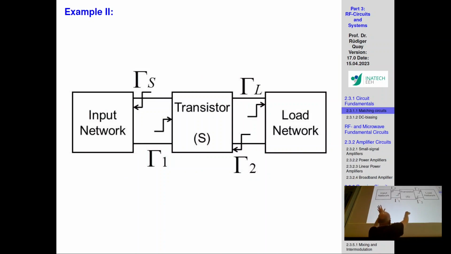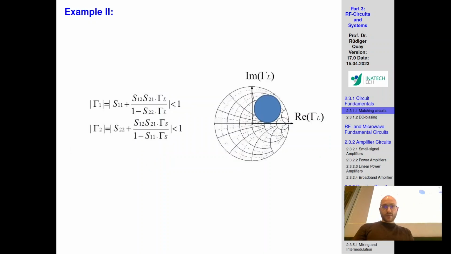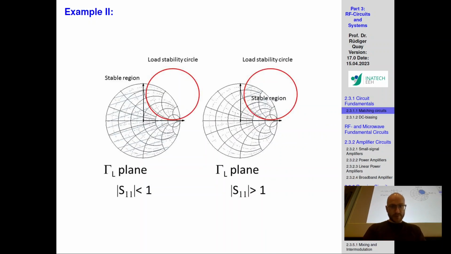So you're trying to have the input source driving your device, the input matching, and the output load matching within these stability circles where your device will be stable. These stability circles can be calculated as can be seen in the formula above. If they're below 1 for the input and output reflection coefficient, then you're within the stability circles, and if you're within the stability circle, you're in the stable case.